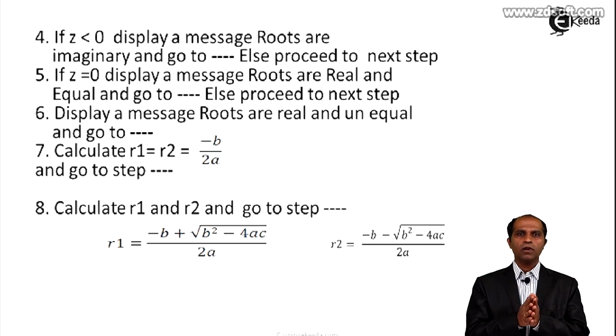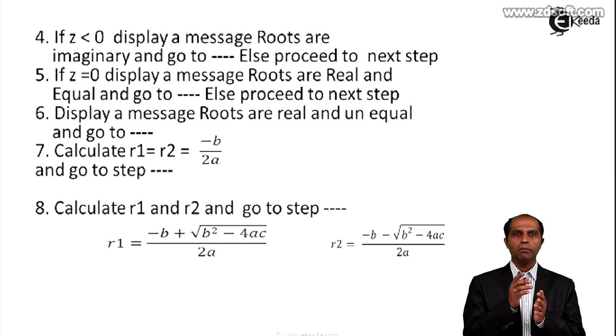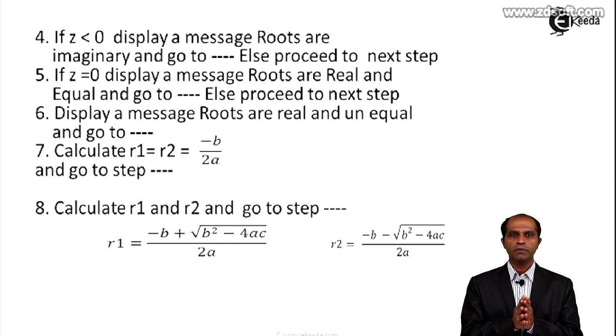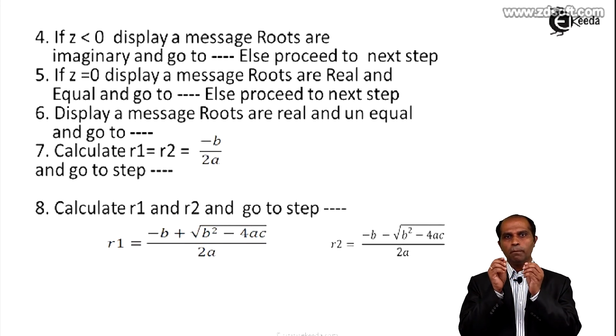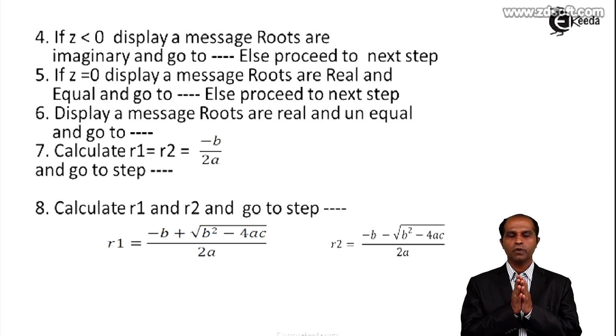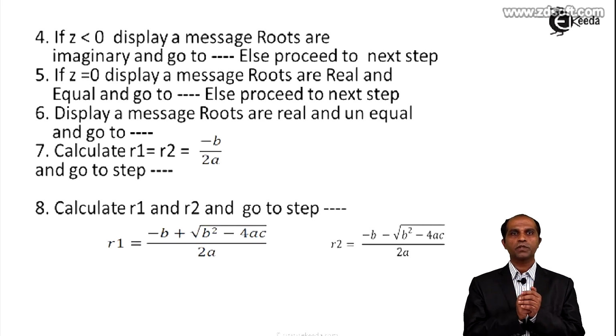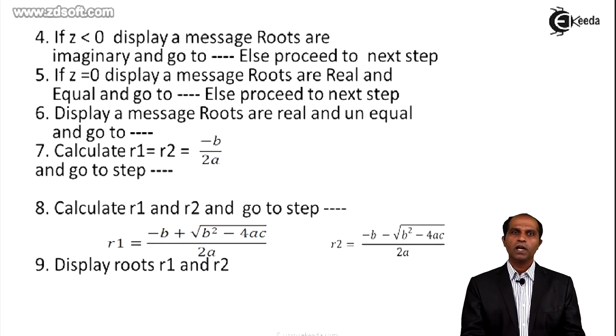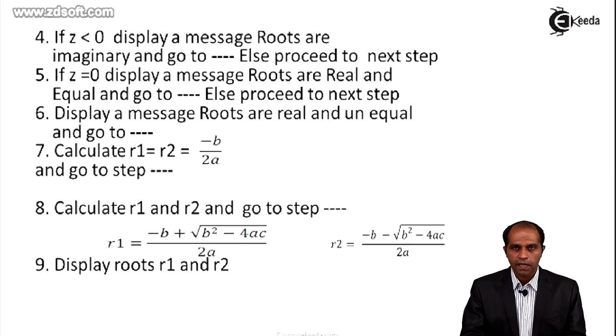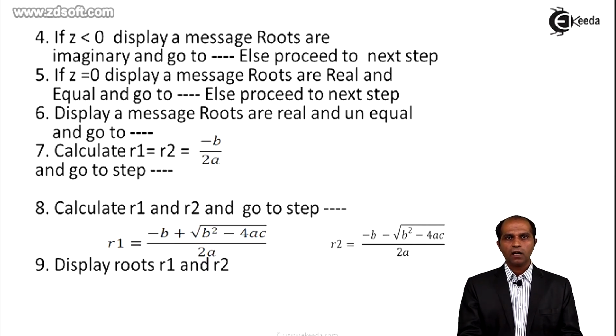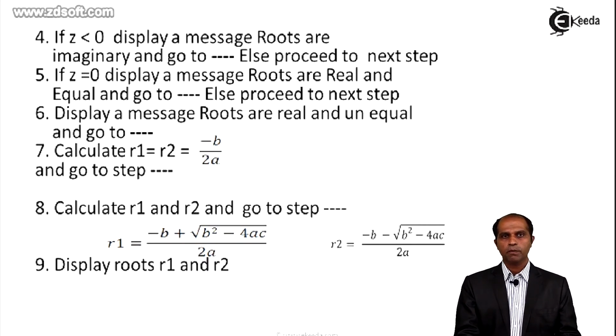Now, R1 and R2 are calculated as R1 equals minus B plus square root of B square minus 4AC by 2A, and R2 equals minus B minus square root of B square minus 4AC by 2A. If 8th is done, then again I am supposed to proceed to step number 9. Now, step number 9 is display R1 R2. So, it means that 7th will say calculate R1 R2 and then proceed to step number 9.